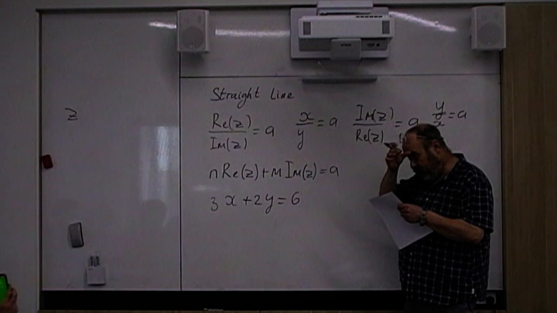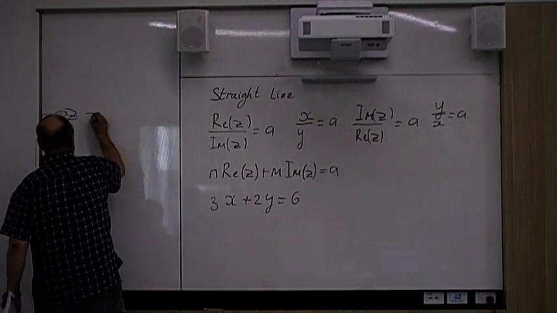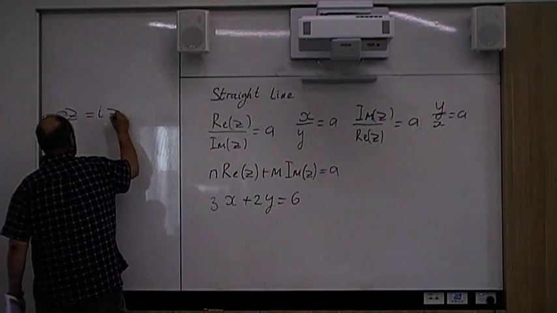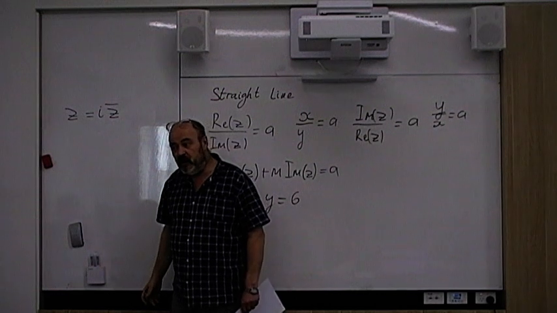Now, the next one, more interesting: z equals i times the conjugate of z. Let's see what it will be.